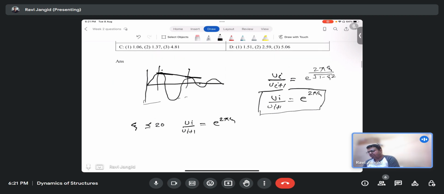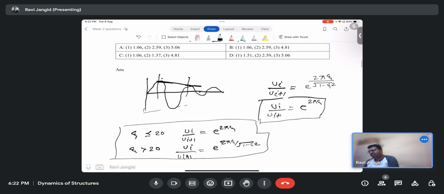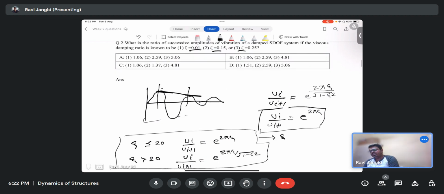And if your damping is higher than 20%, this is roughly not a hard and fast rule, but you will get a different answer because the damping is high, then your amplitude will be different. Ui over ui plus 1 is equal to e to the power 2 pi zeta divided by square root of 1 minus zeta square.